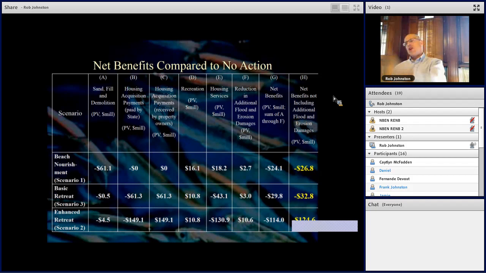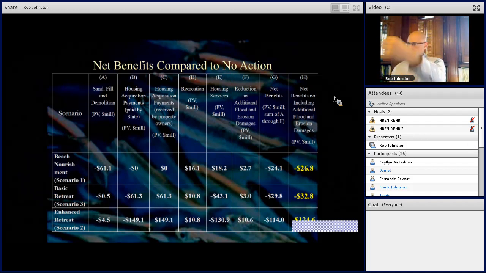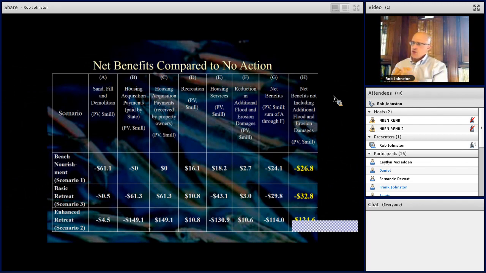Right? Recreation benefits we just talked about. Housing services, that actually reflects the periodic loss of housing value that occurs over time as homes are gradually lost, right? So that is a measure of what we truly lose. And the way we calculate that is to look at housing value and effectively realize that when you buy a home, you're buying a stream of the ability to live in that home from now until indefinitely, until you sell it.